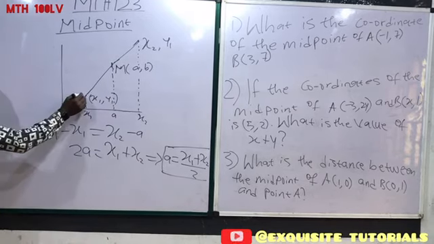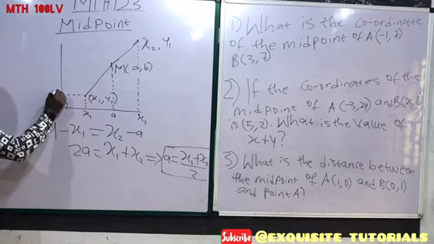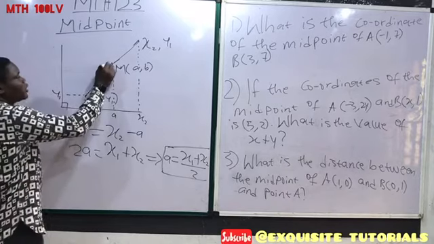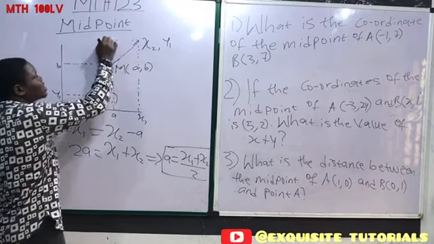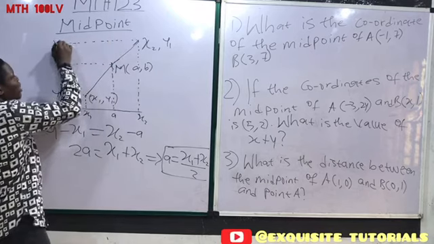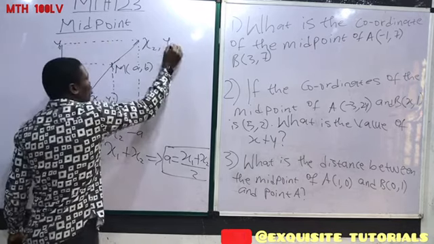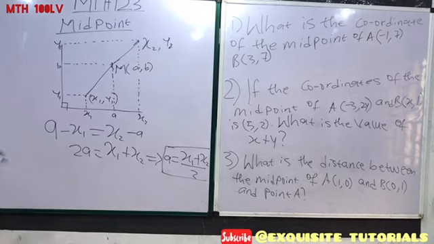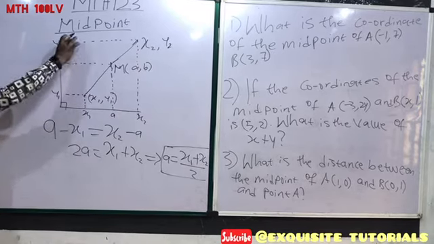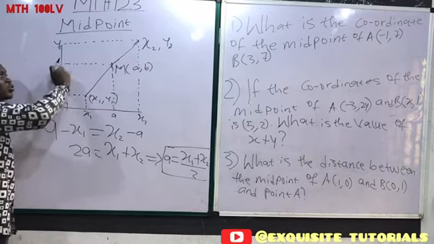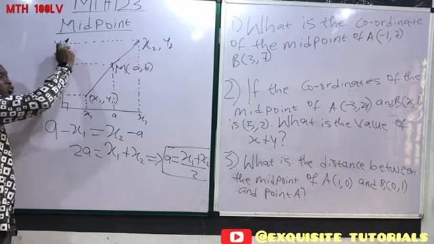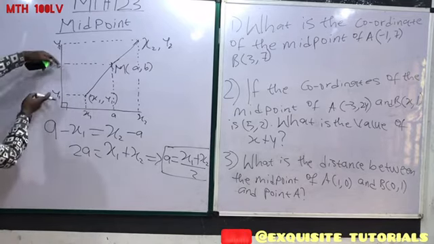Now if I trace this one here, I will have y1. If I trace this one here, I will have point B. If I trace this here, I will have y2. Now the distance from here to here, don't mind my approximations, is not drawn to scale, is equal to the distance from here to here. Now how do we get this distance here?